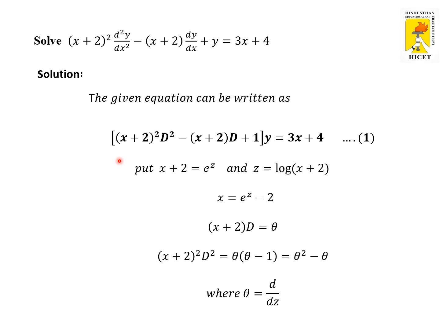Here this is in the form of ax plus b, but a is 1, that is the coefficient of x is 1. So we directly take (x plus 2) D as just theta.